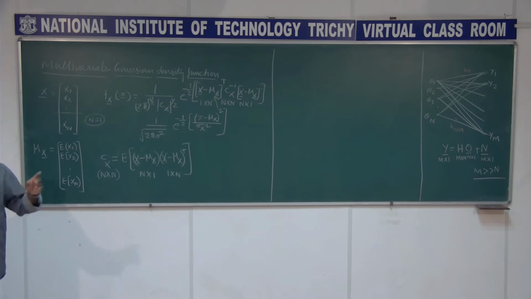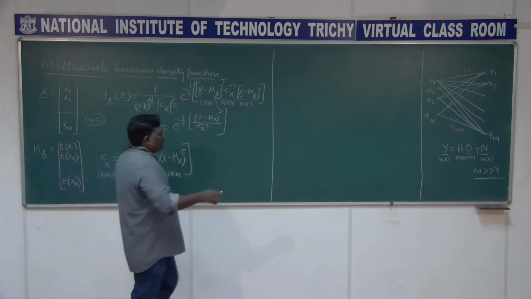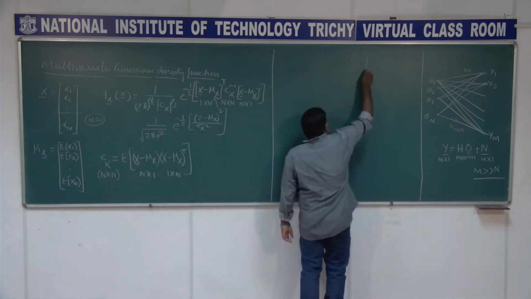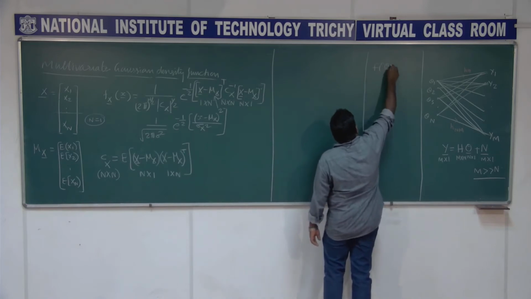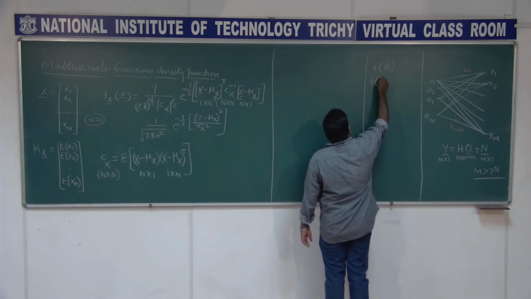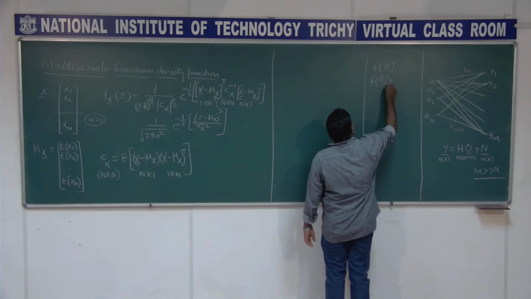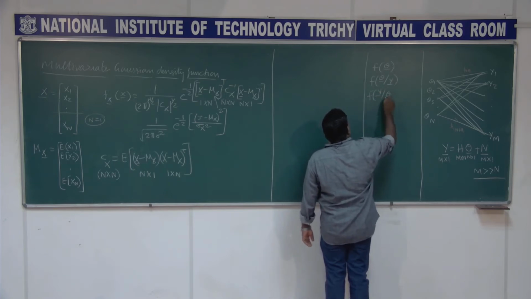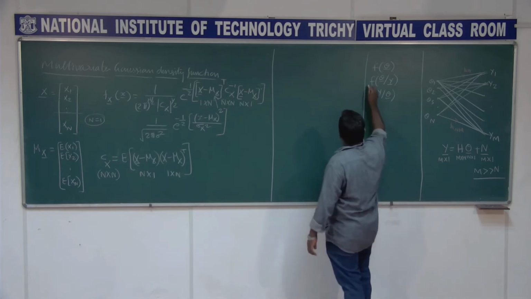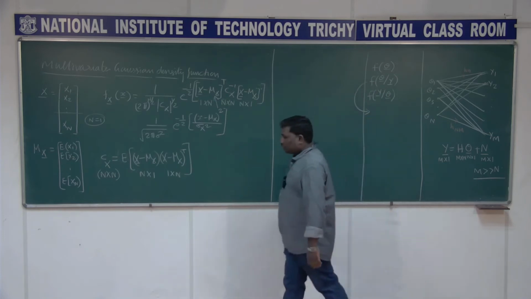Here we are talking about the theta vector to be estimated. So here the prior is f of theta, this is going to be your posterior, and this is going to be your likelihood.